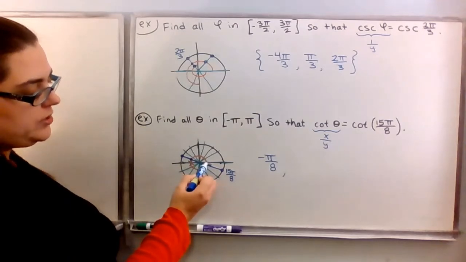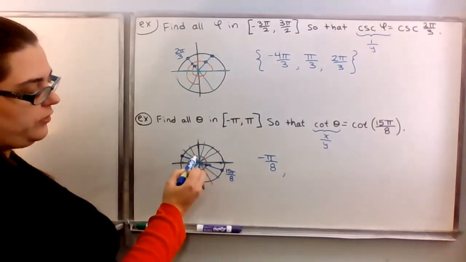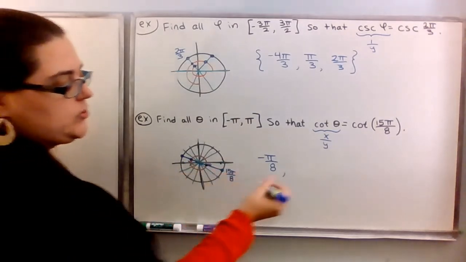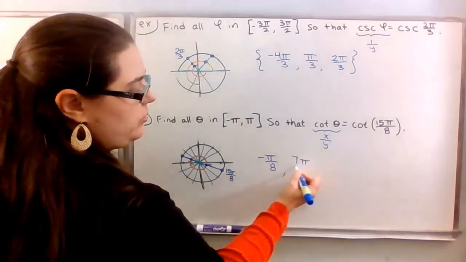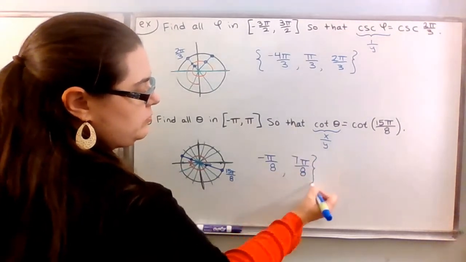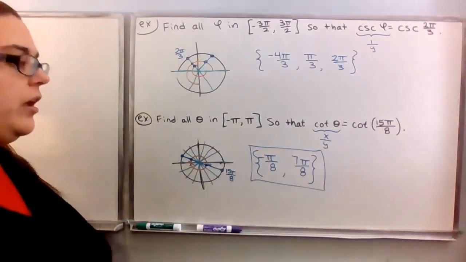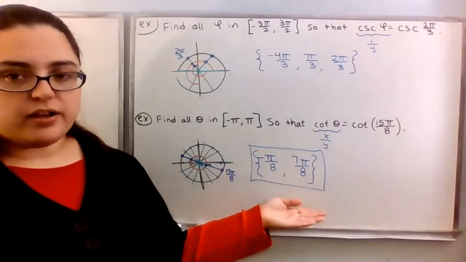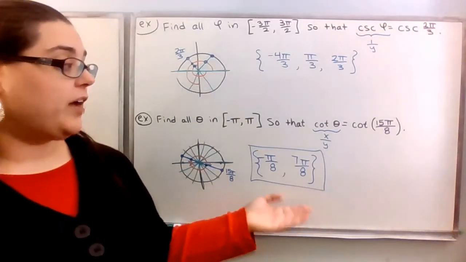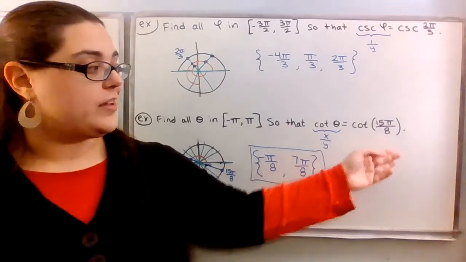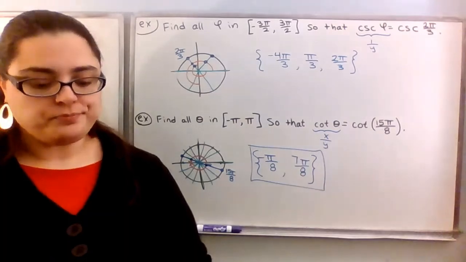So I'm going to count 1, 2, 3, 4, 5, 6, 7. So it's hitting at 7 pi over 8. So this is our set of values for theta that will have the same cotangent value as 15 pi over 8.